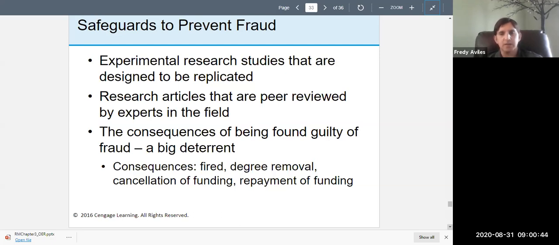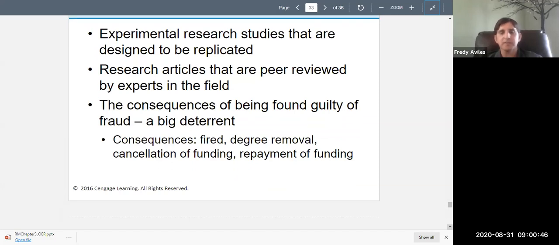So it's a big deterrent. There is fraud that happens in science, and every now and then somebody gets caught. But the vast majority of researchers out there are doing honest work, okay? But there are people who do commit fraud. Every now and then it comes up on the news that so-and-so was a big fraud and that they were faking stuff.